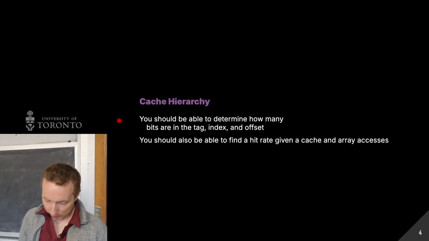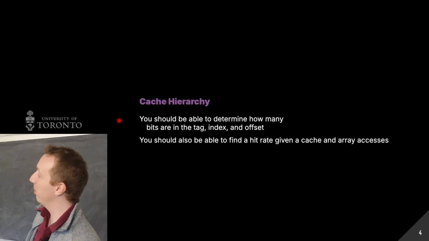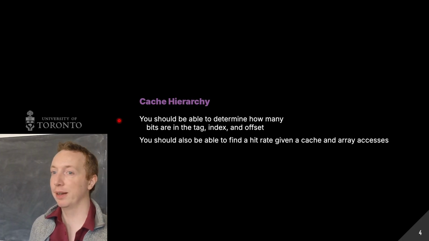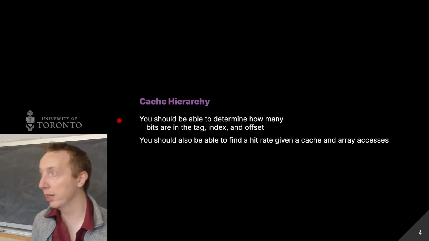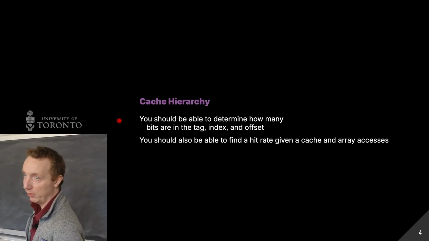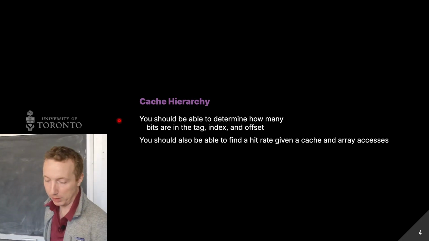So, cache hierarchy. This is the one where you should be able to determine how many bits are in a tag, index, and offset, basically how the lookups work. If I give you a size and a set associativity, you should be able to give me how many tag, index, and offset bits there are.